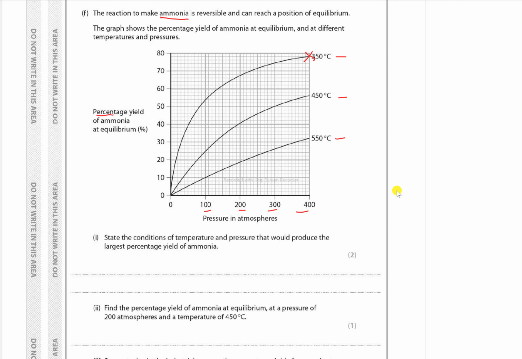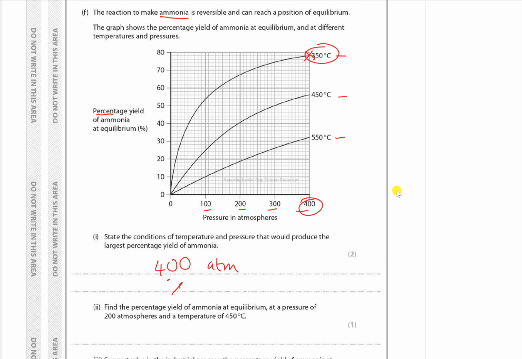So it's 400 atmosphere pressure, and 350 degrees Celsius. Right, okay.